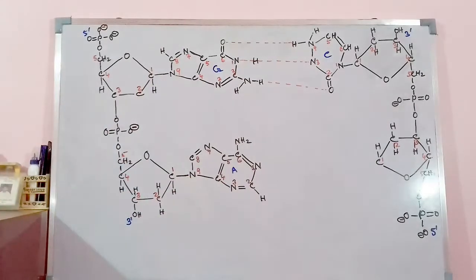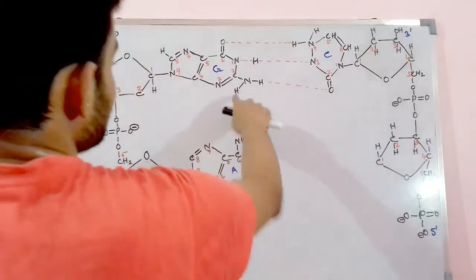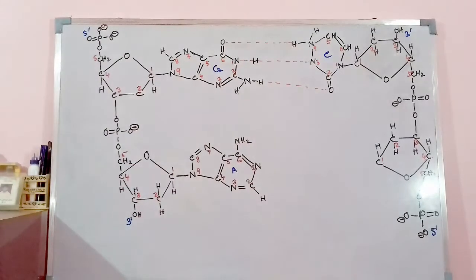Okay, so this is how the bond formation is happening. It might form a bond with this hydrogen also, whatever it is, this NH2. One of the hydrogens of the NH2 molecule is sharing the bond with the oxygen atom.